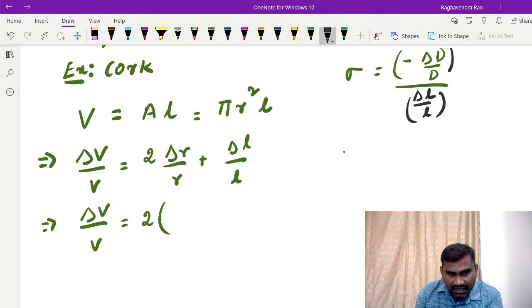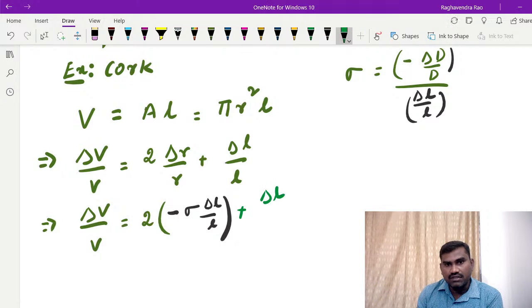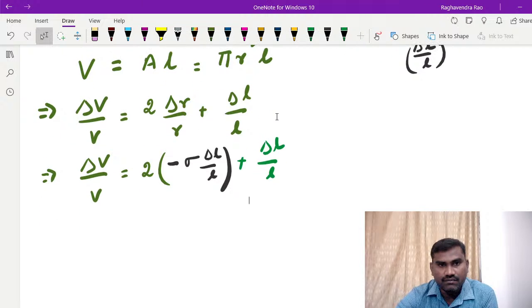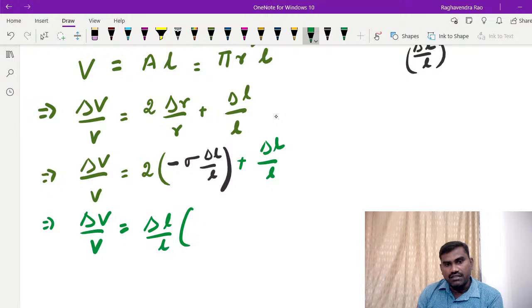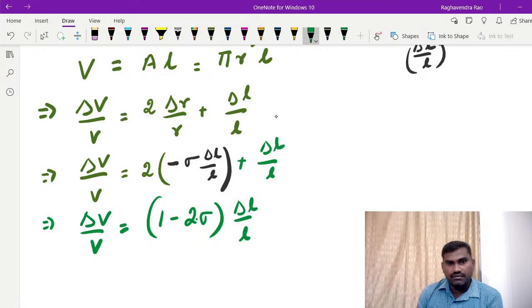So in place of delta r by r, we can write minus sigma into delta L by L. This gives delta V by V is equal to minus 2 sigma delta L by L plus delta L by L. Delta L by L is common, so delta V by V is equal to 1 minus 2 sigma into delta L by L.